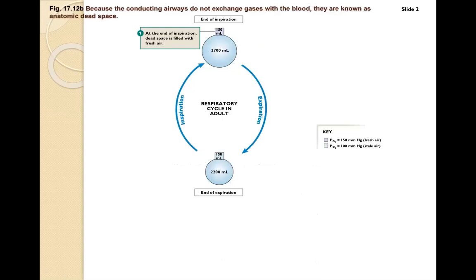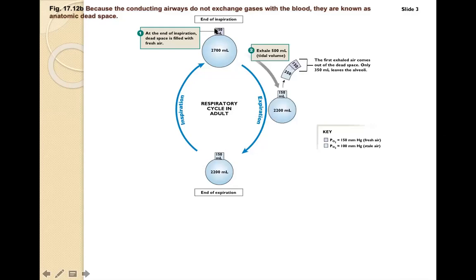So here is the graphic. So imagine that this is your lung, and we are at the end of inspiration. So we breathed in 500 mils, and we have 150 of those mils still in the trachea and the bronchi.